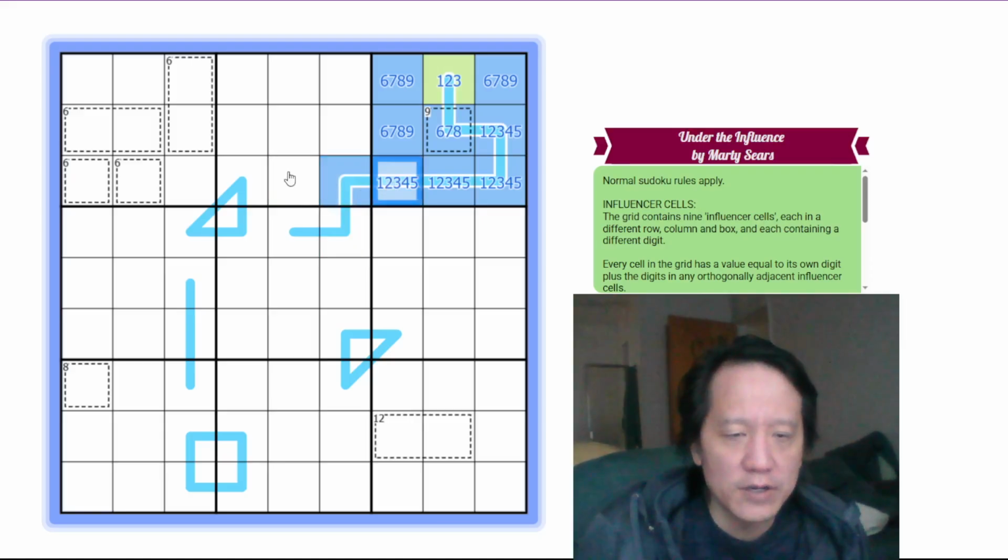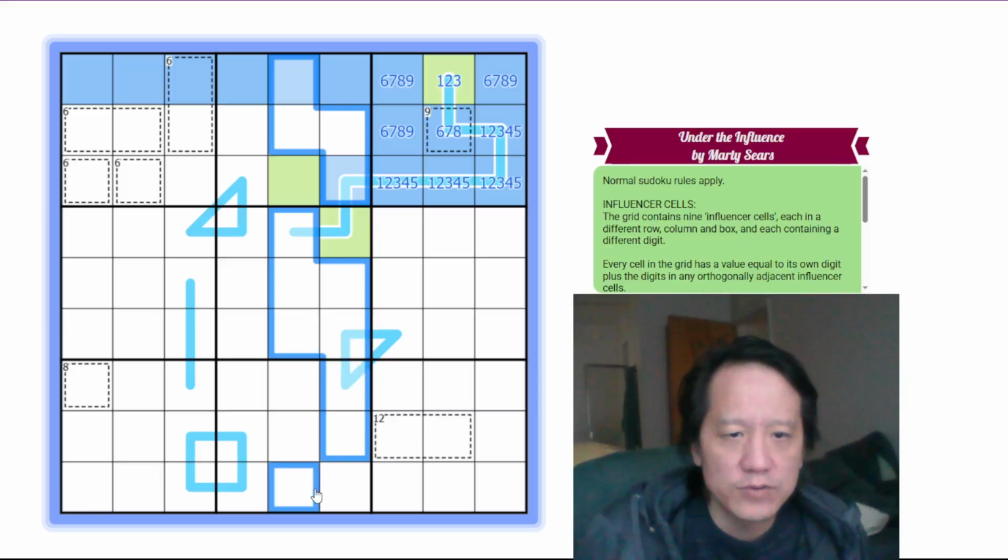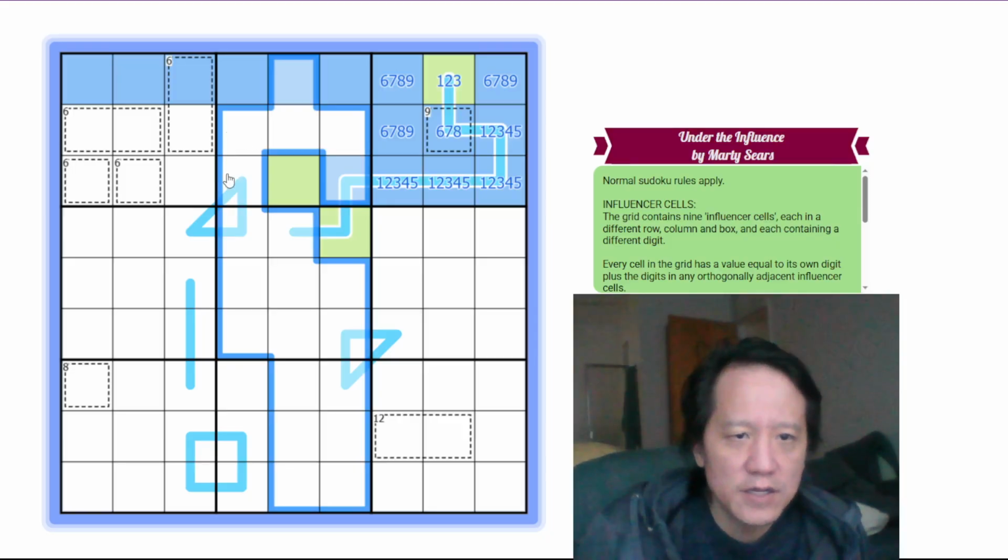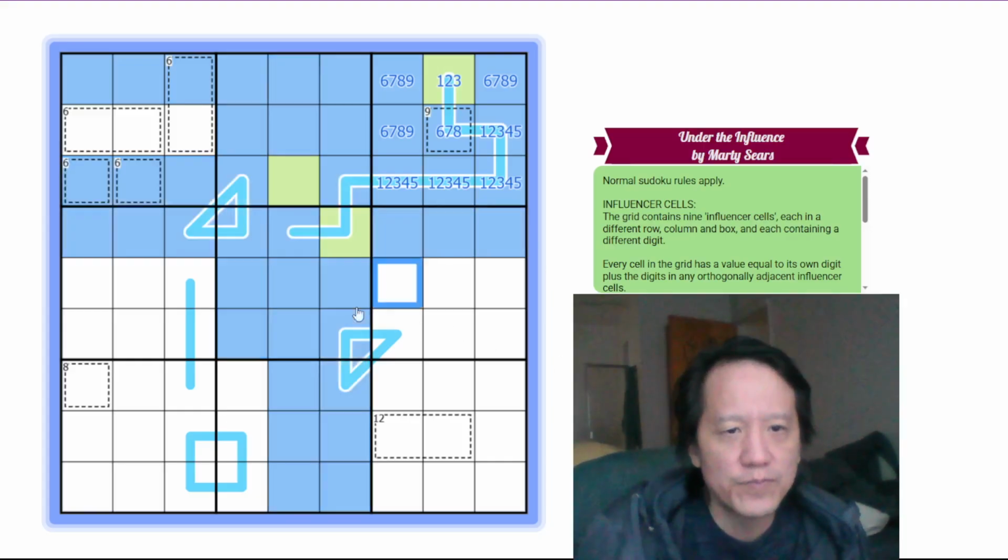And it can't be here, so this must be the influencer here, and this must be an influencer here. Which means none of these can be influencers. None of the rest of the columns can be influencers. Nor the rest of the box, and the rest of the row. So these are all blue.